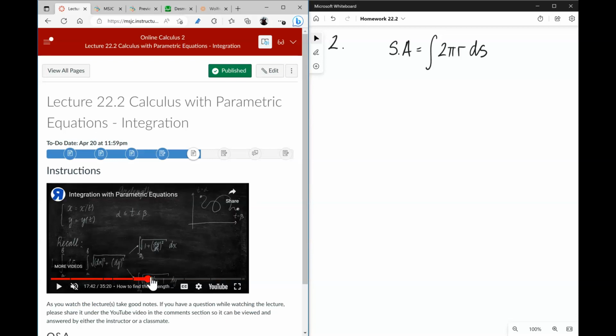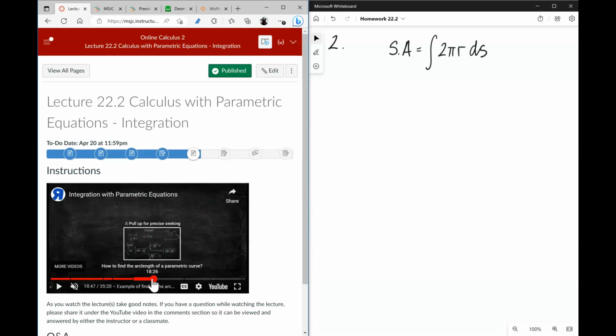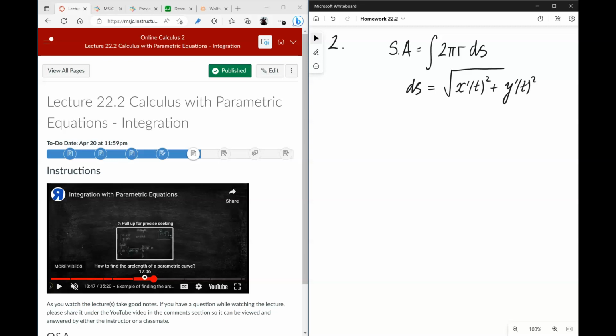So ds, when dealing with parametric curves, can be expressed in two different ways. Actually, I apologize, ds can only be expressed one way. It's going to be the square root of x prime of t squared plus y prime of t squared dt.